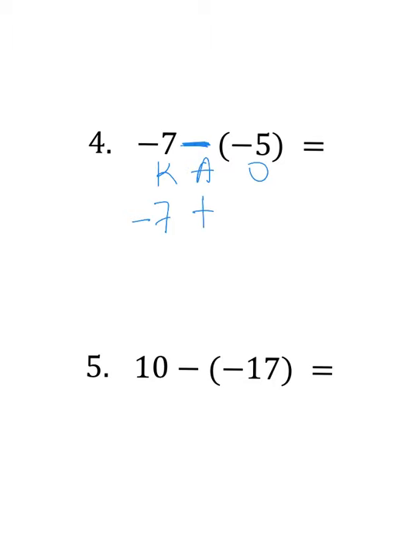What is the opposite of -5? 5. Now it has become addition, so we're going to add. Same side, add and keep, different side, subtract. So they are different side, we're going to subtract. What is 7 minus 5? 2. Keep the side of the higher number. The side of the higher number is 7, so -2 will be the answer.